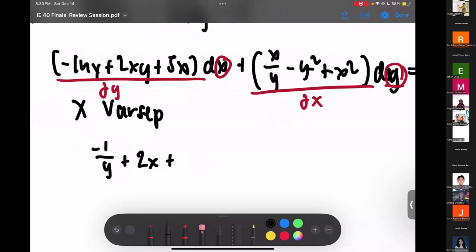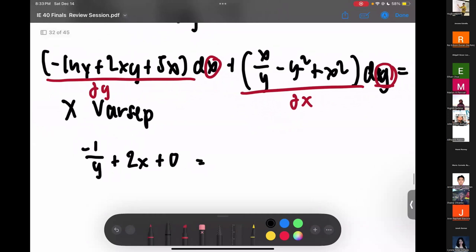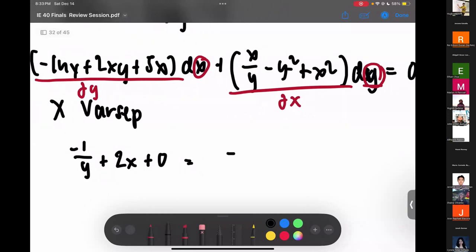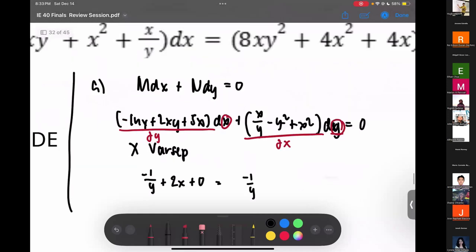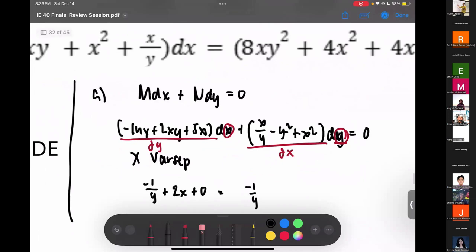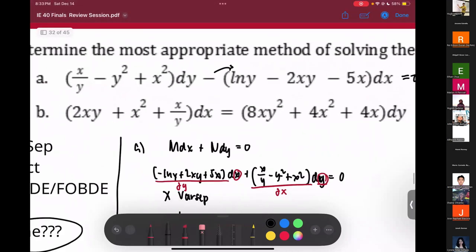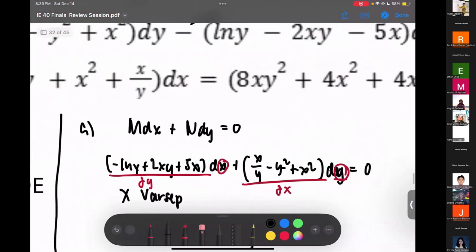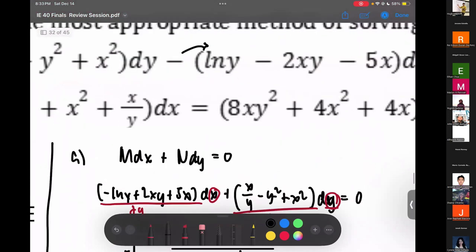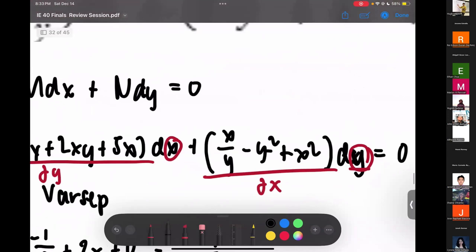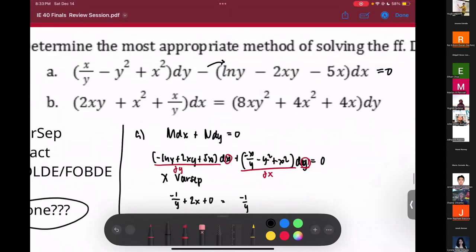0 pala. Sorry. And then this becomes negative 1 over y kasi, okay, my bad. May negative pala dapat sa given.